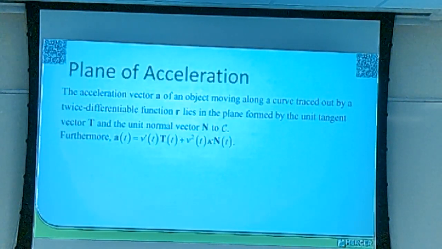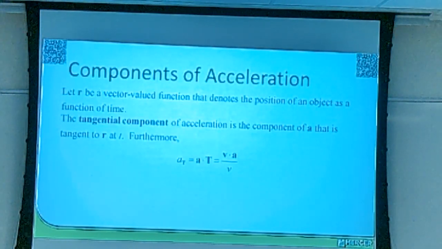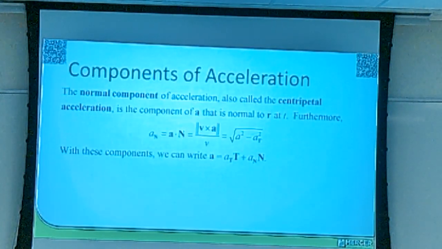In the plane of acceleration, we can break down acceleration into tangent to motion and normal to motion. That forms your plane of acceleration. You have 2 components of acceleration. You have your tangential component, which is the component in the direction of motion. And you have your normal component, which is perpendicular to the direction of motion.